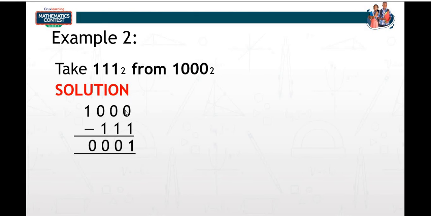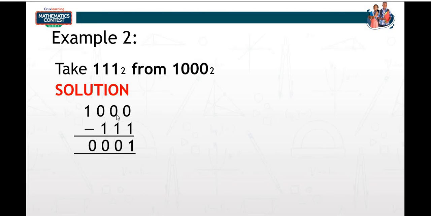I repeat, this cannot, so I rush over here to borrow, nothing to borrow, over here to borrow, nothing to borrow. So I take 1 here because we are in base 2, call it 2, move over here, drop 1, and then take 1, call it 2, drop 1, take 1, call it 2. Then here is the 2 at last. So subtract 1 from it, you have 1.